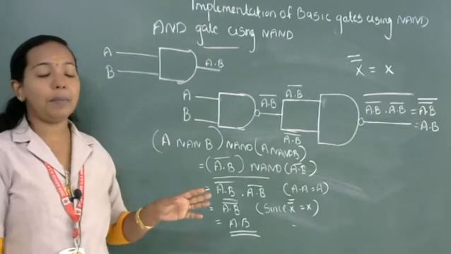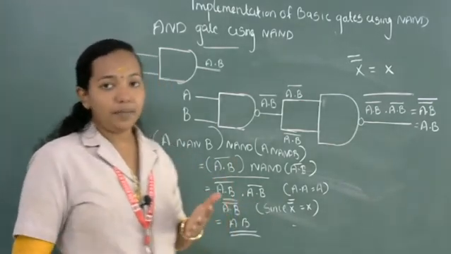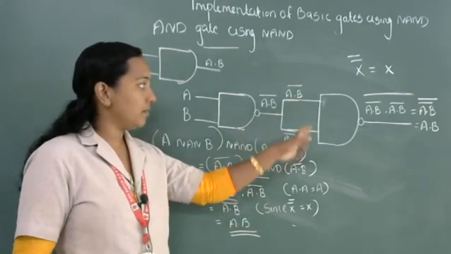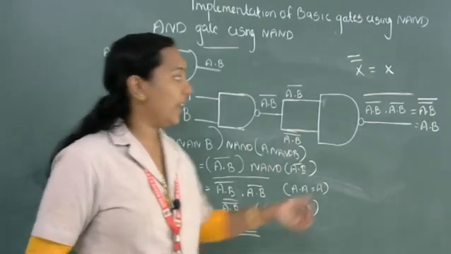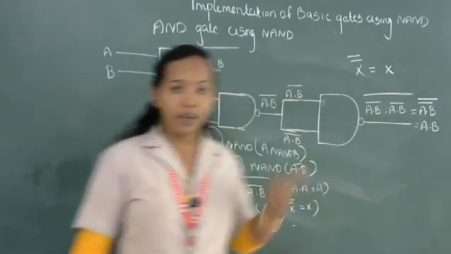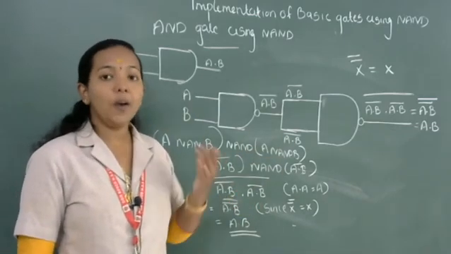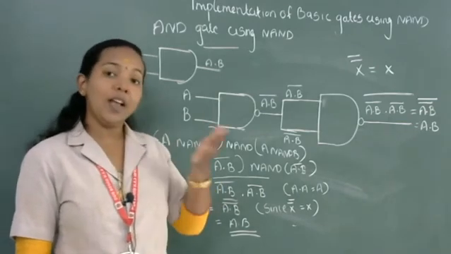A, B. First I am applying NAND gate. So after NAND gate I will get (A dot B) complement. Then the same value input I am passing through one more NAND gate. Then I will get ((A dot B) complement dot (A dot B) complement) all complement. According to idempotency law, A dot A or X dot X is equal to X itself.